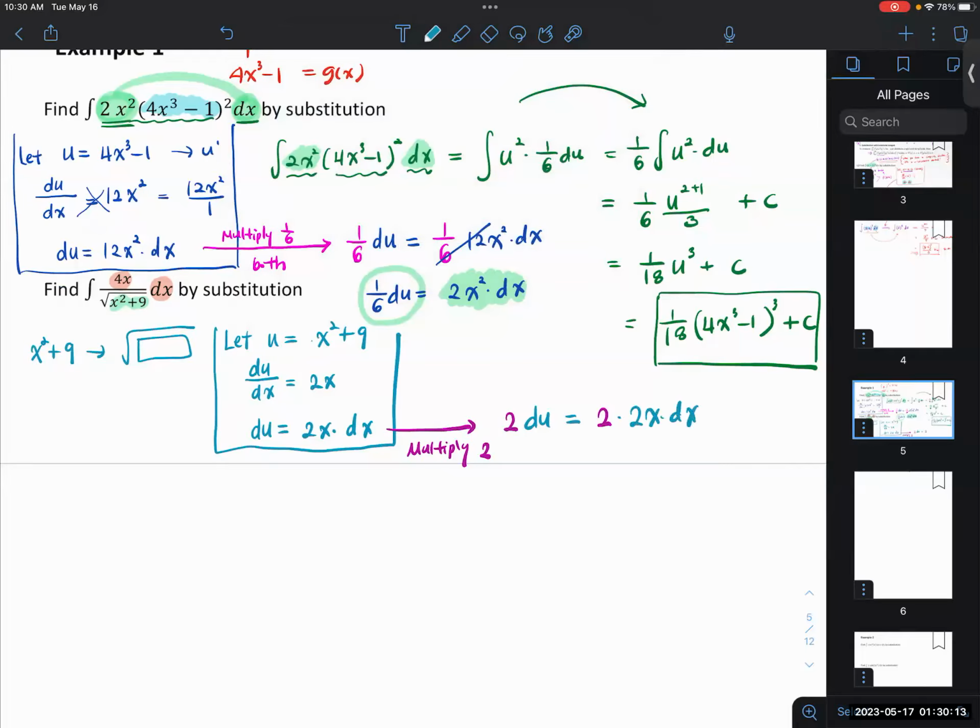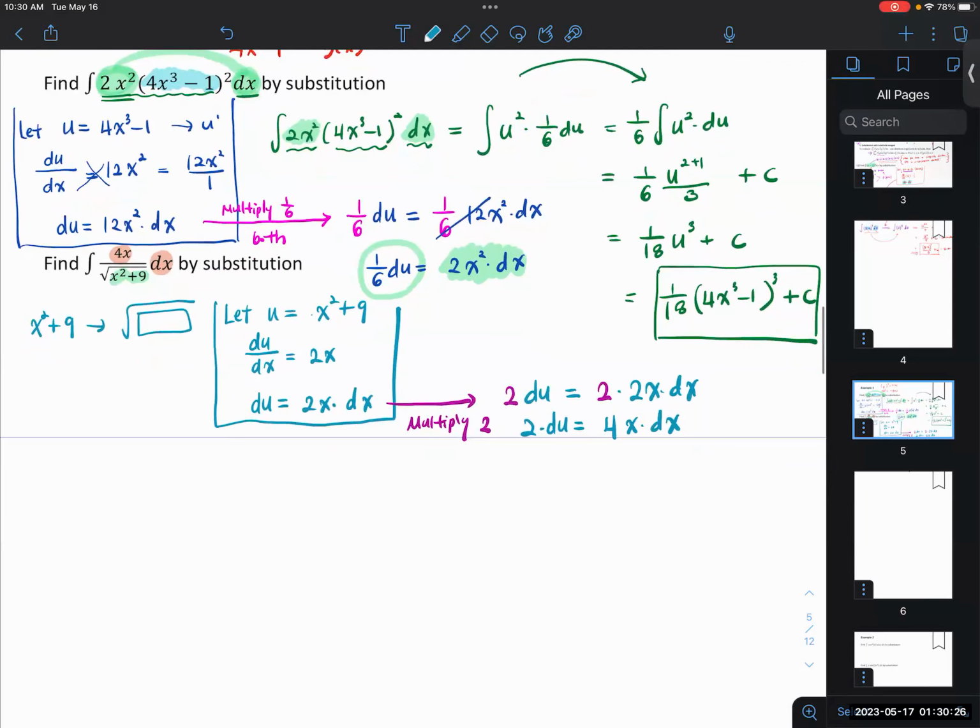If you multiply by 2, you have 2 du equal to 4x dx. We can convert it to 2 du. So that's what we got: 2 du is going to be 4x times dx.